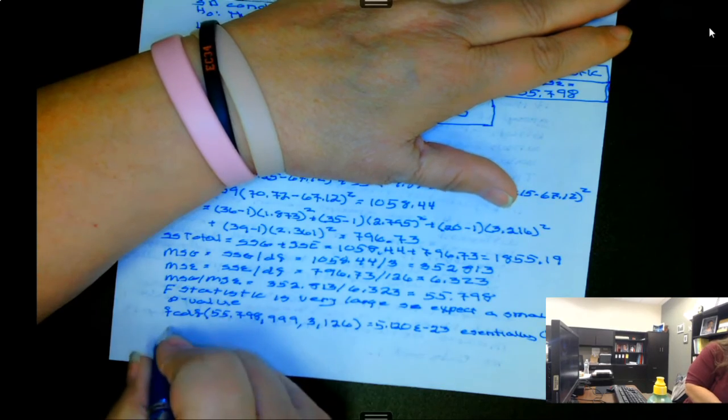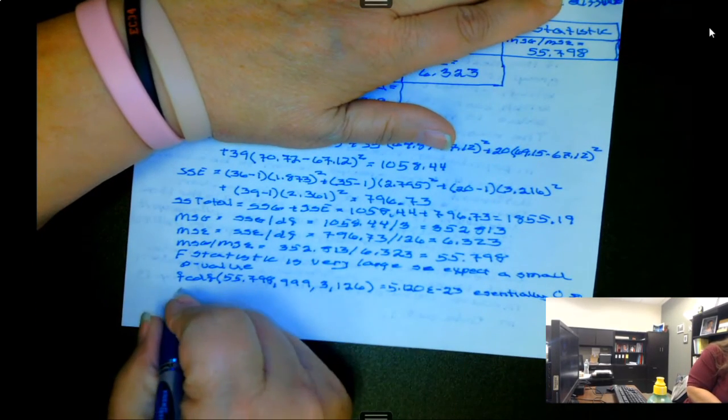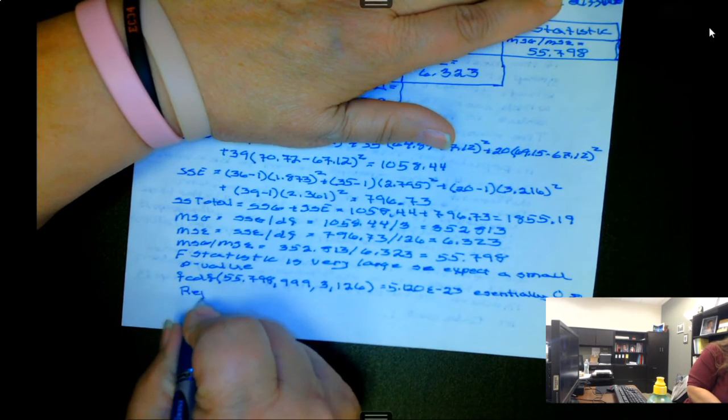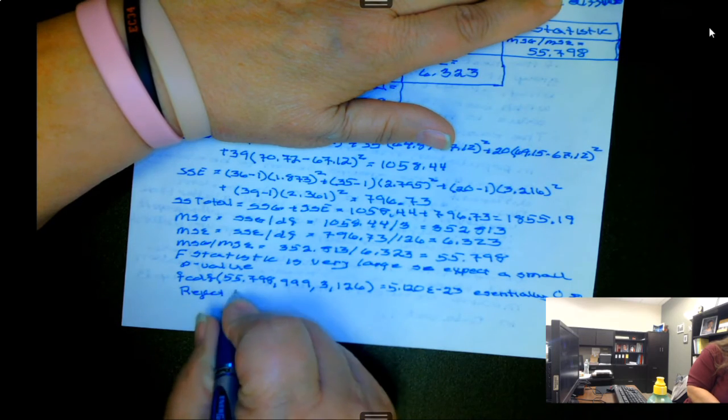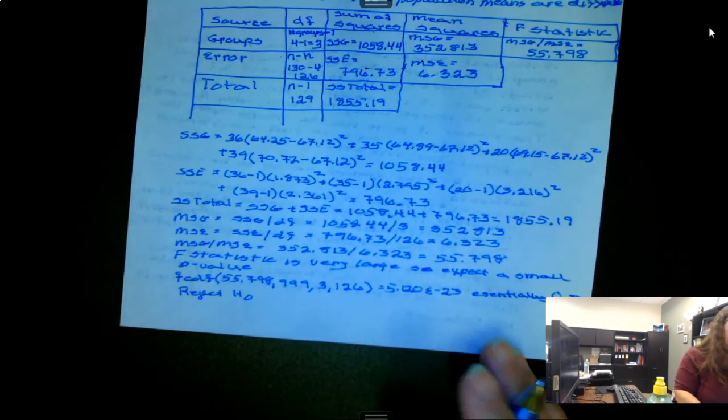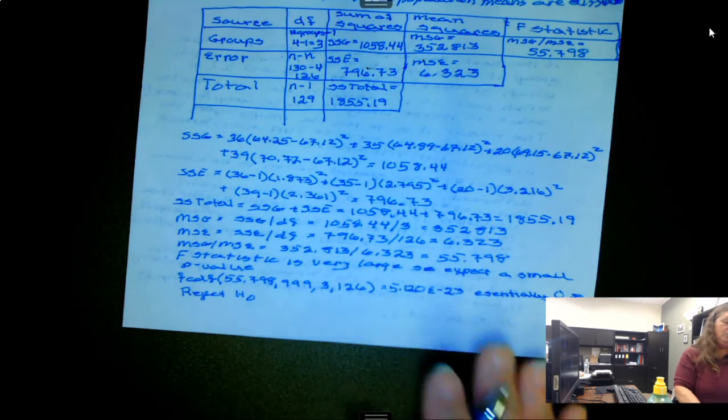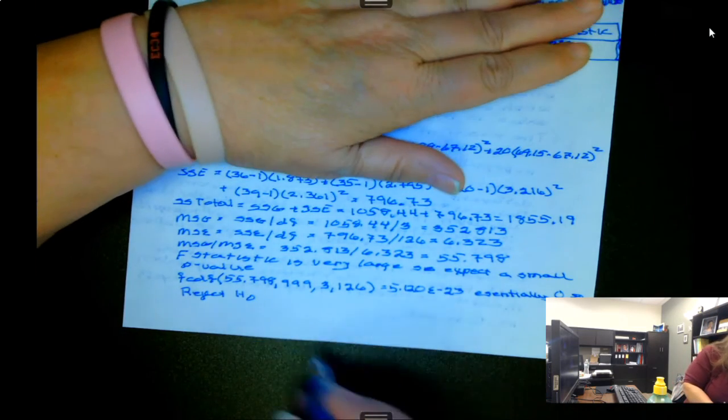So we reject the null hypothesis that the four population means are the same.